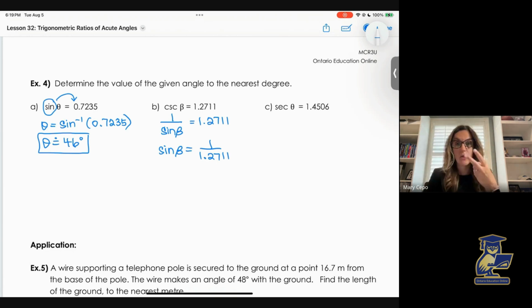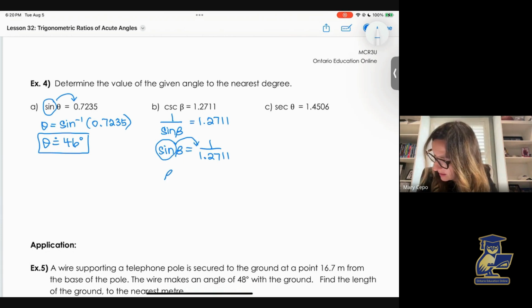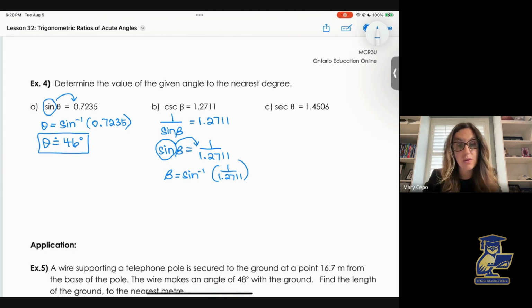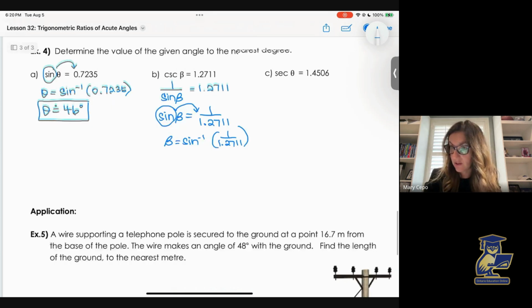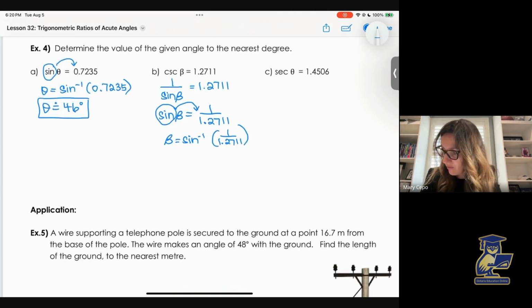So you just take the reciprocal of both sides. Now we can isolate for beta, the angle measure, because that's what we want. Keeping in mind when you take the ratio from one side to the other, you do have to do its inverse. Okay, now the question is in terms of the primary trigonometric ratio, which we can use our calculators to calculate. So taking the inverse of sine at 1 over 1.2711, that means beta is equal to about 52 degrees.